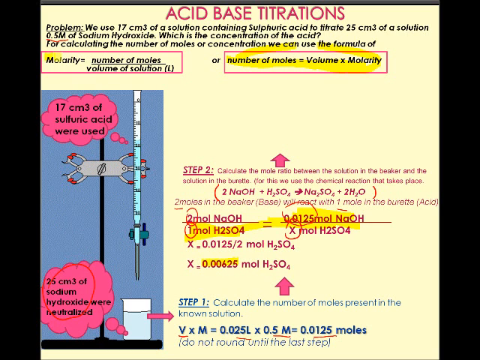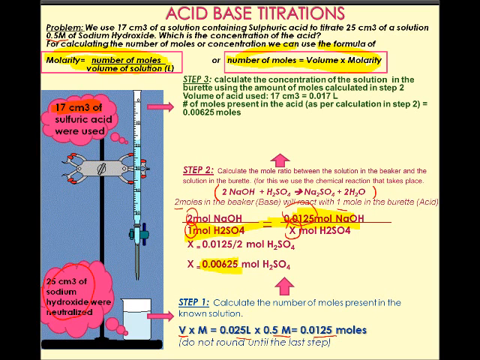After that, we are going to use the formula that we have here. Molarity is the number of moles divided by the volume of the solution. We have the volume and we calculated the number of moles, so basically you apply the formula again.